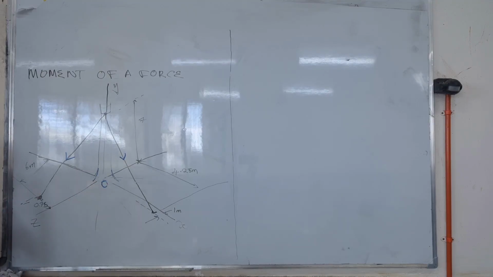For you to do that, you first find the moment assuming there is just this one rope, then assume there is just the other one, find the moment, then sum up the moments.